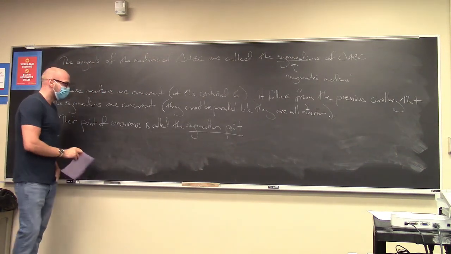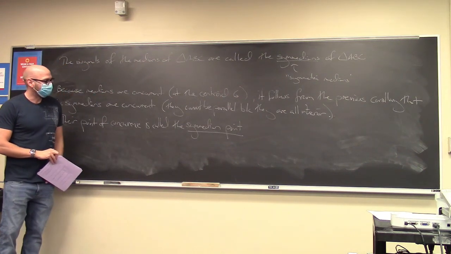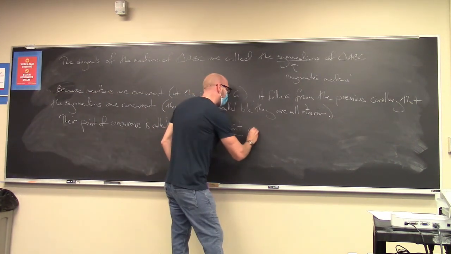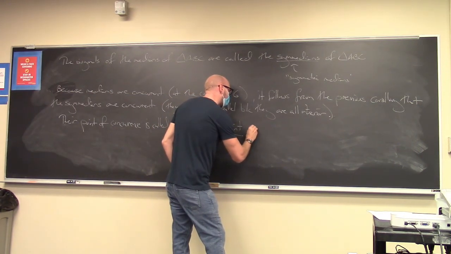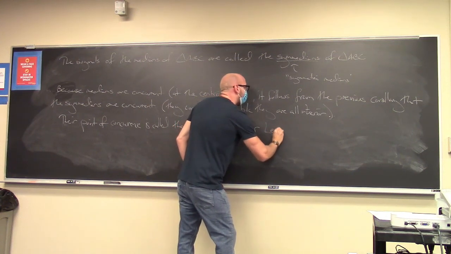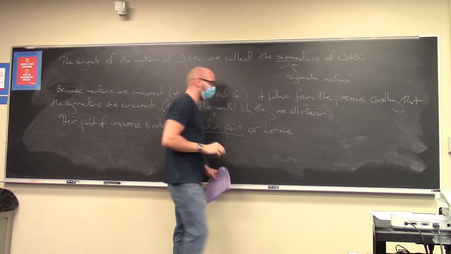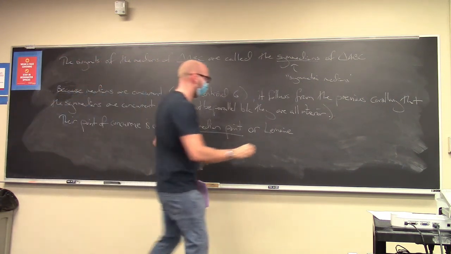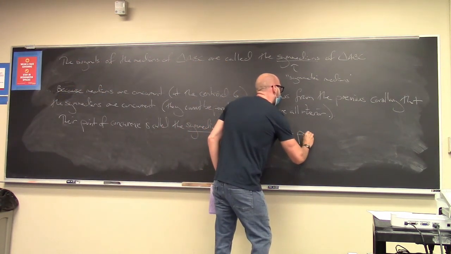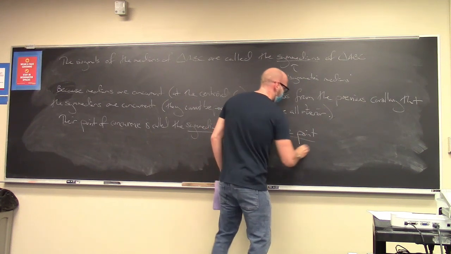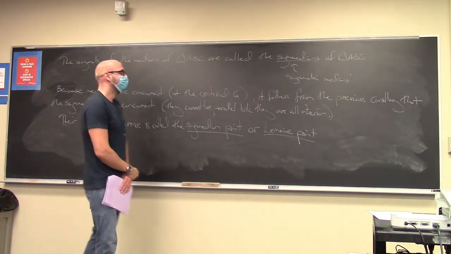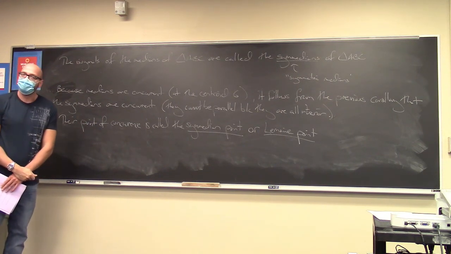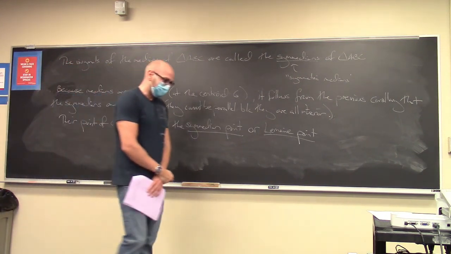Apparently, this name is a little bit more common on this side of the world, in America. Over in Europe, it's usually given the other name, after one of the French mathematicians that discovered it. My French is terrible, I might be butchering his name, but the Lemoine point. This is triangle center number 6 in Kimberling's list. So now we have 1 through 7.